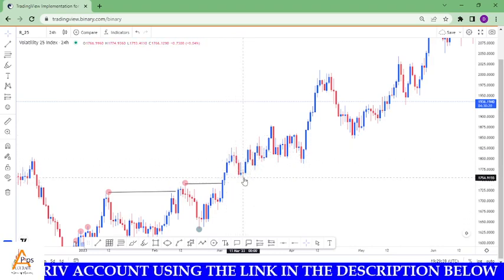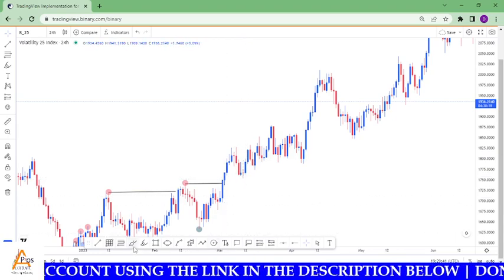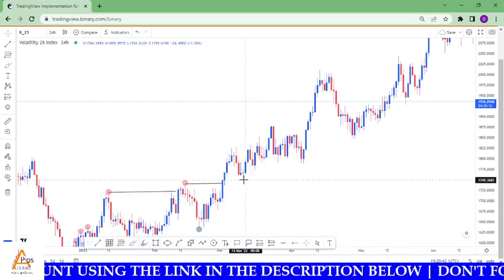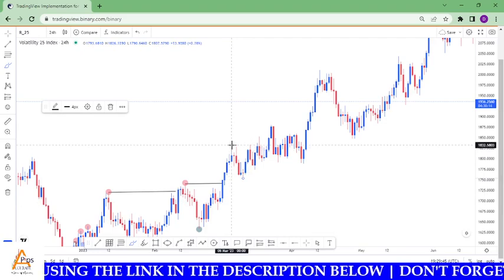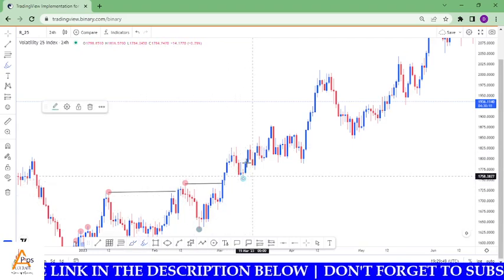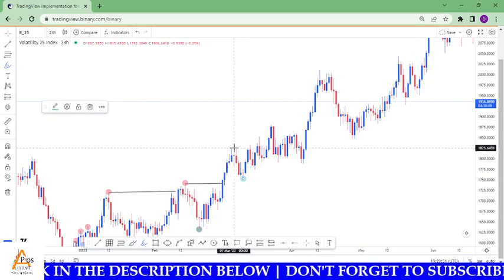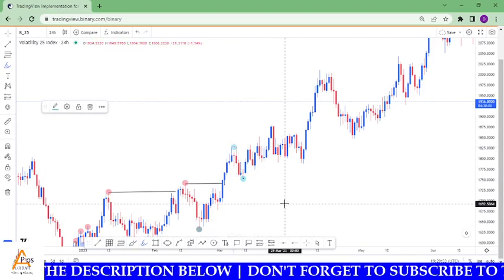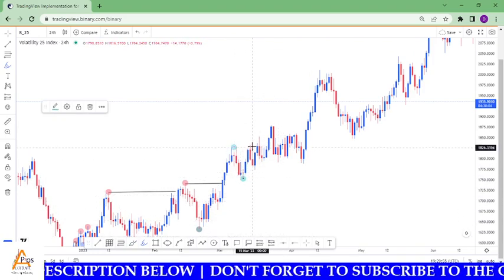So this is a valid pullback, and this is the lowest point of this pullback, giving us our low over here, and our previous high will be at the top there. So this continues.